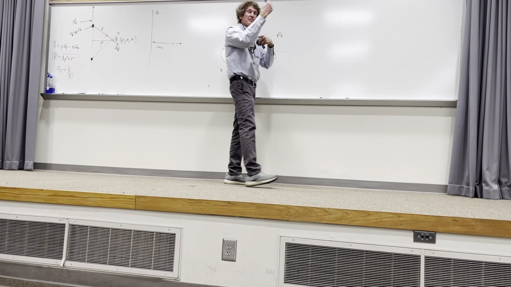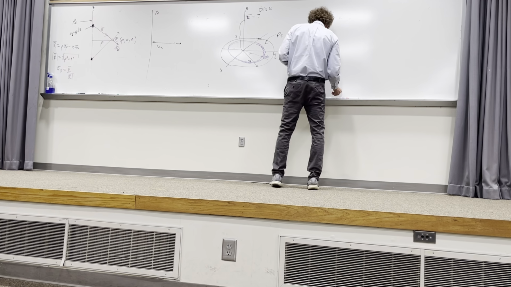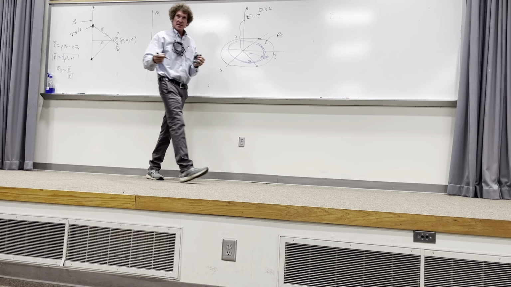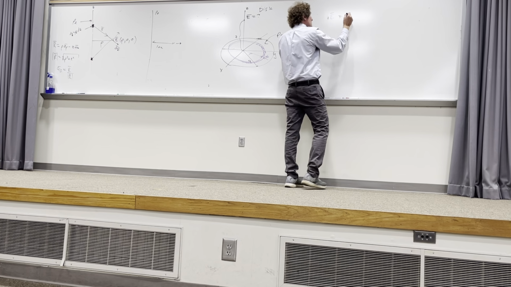So I know the electric field on the z-axis from a ring would be equal to, I'll just write it down. This would be the differential electric field.